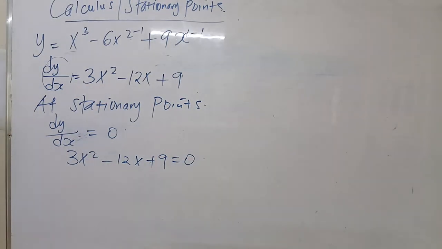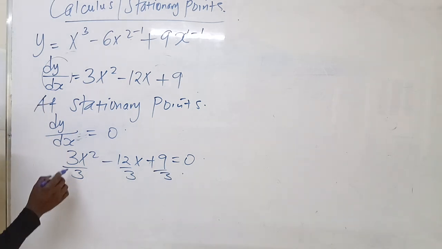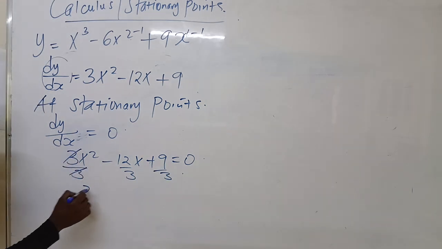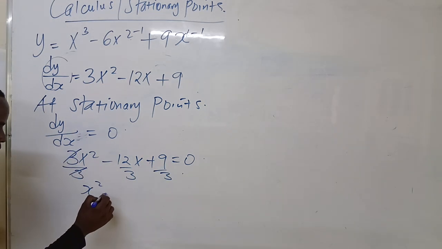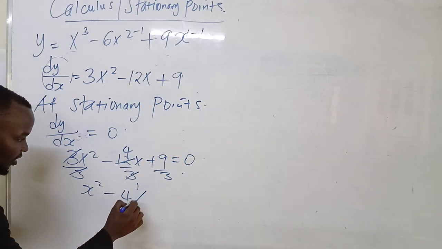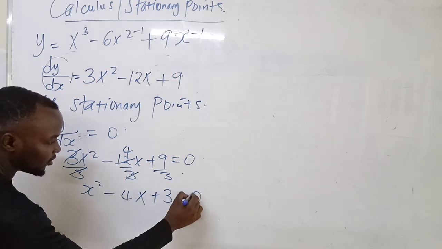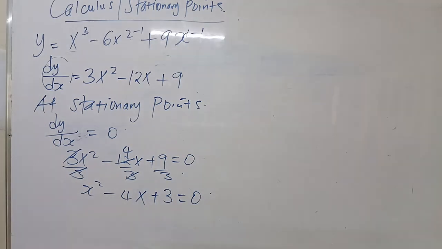To solve this equation, it is good that we simplify the equation. So let's simplify the equation by dividing all these values by 3. So when you divide by 3, you'll get x squared minus 4x plus 3 is equal to 0.